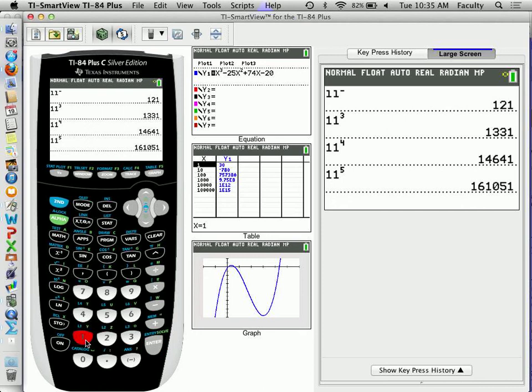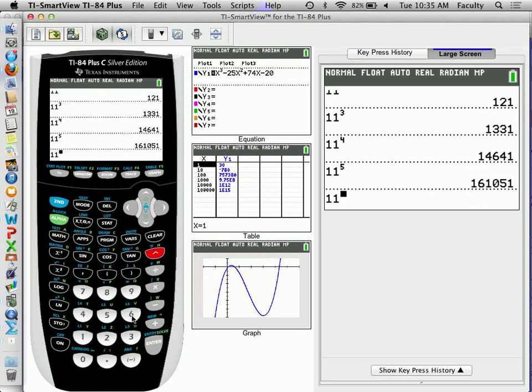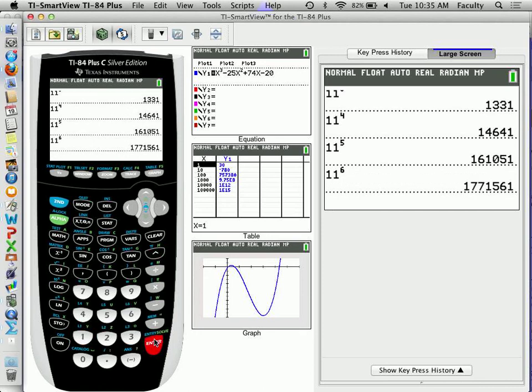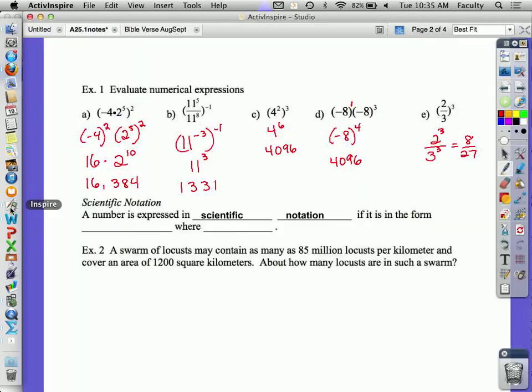So let's see if that continues. 11 to the 6th. Okay, so it does do that, but then it no longer has the pattern. Have you ever heard of a palindrome where like the word mom is the same spelled forwards and backwards? So numbers can be a palindrome where 1, 4, 6, 4, 1 is the same whether you went forwards or backwards. This is kind of a little tidbit, interesting, thought I would share.